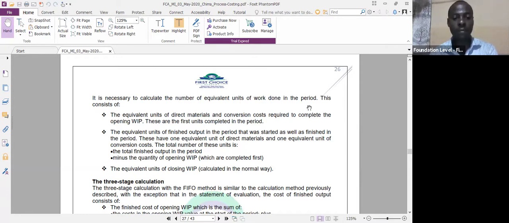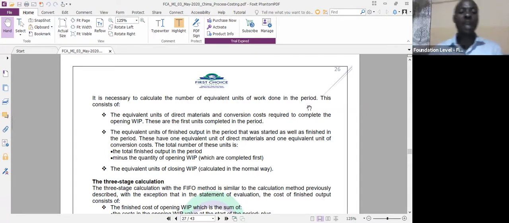Then we will now have equivalent, these have one equivalent unit of each direct material and direct labor. So we started in this period and we ended in this period. So they will all be one equal.